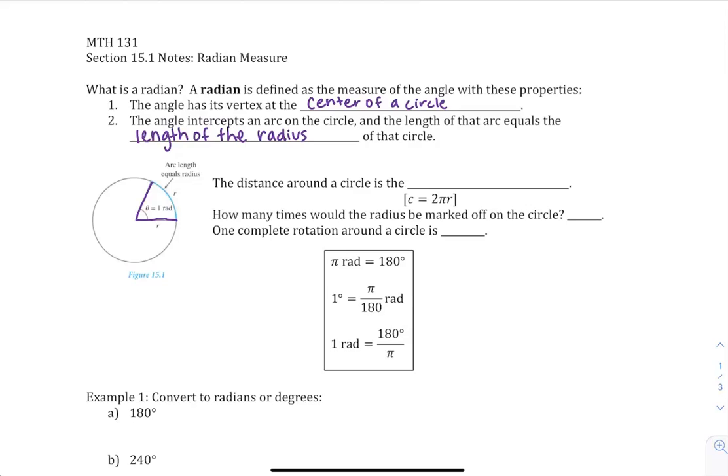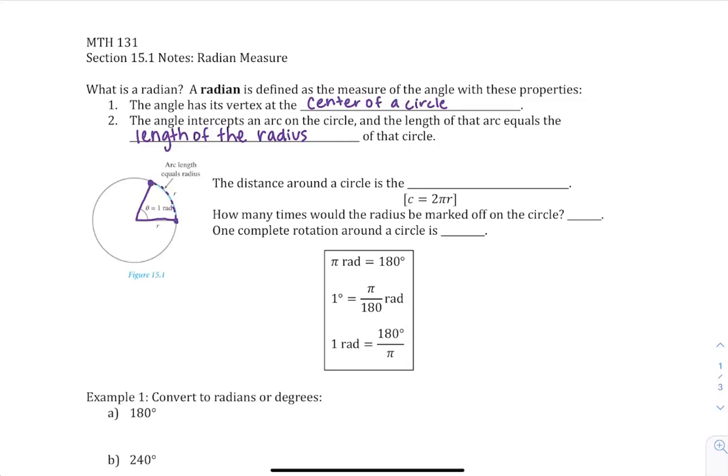Now, I want you to imagine taking that string, that's the length of the radius, and then wrapping it around the outside of the circle. Where that radius starts and stops on the circle is measuring off exactly 1 radian. And so we start here at the bottom, we wrap our string around the circle, and we stop there. That angle is going to be what 1 radian is.